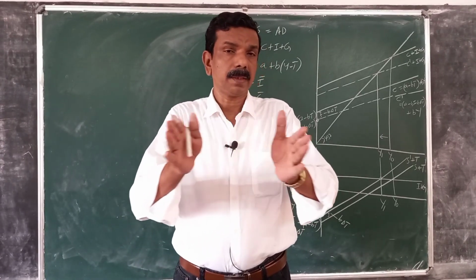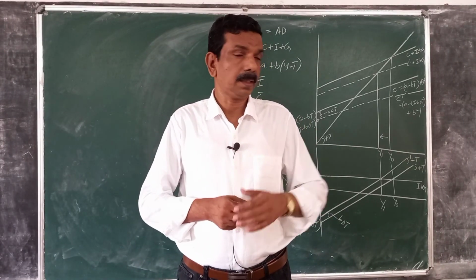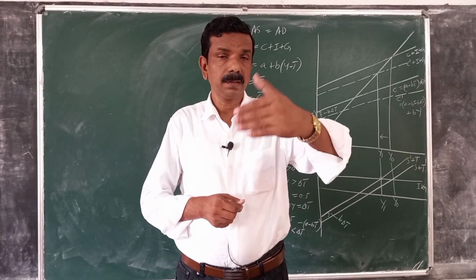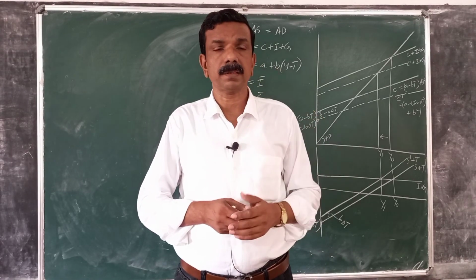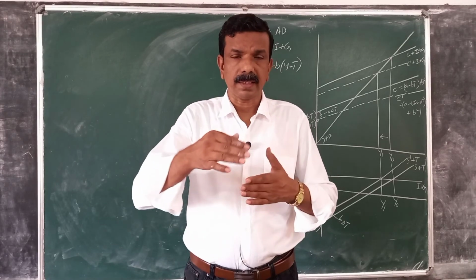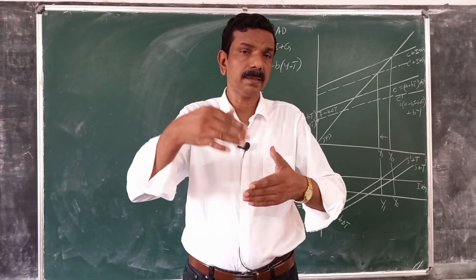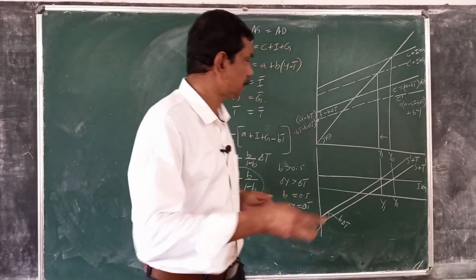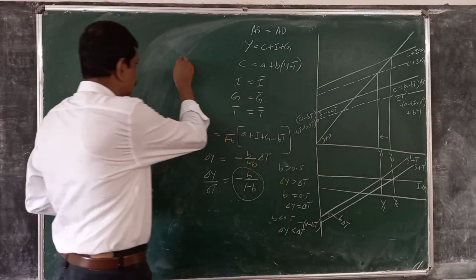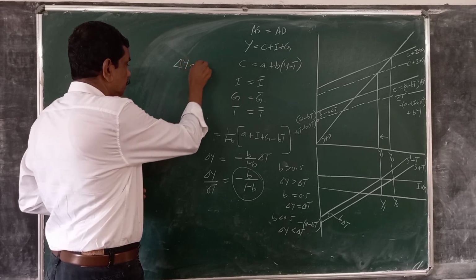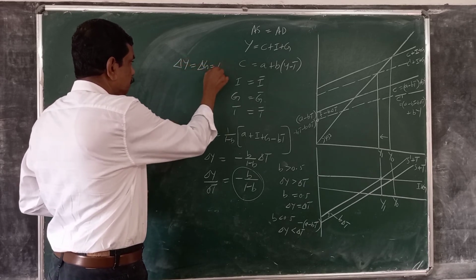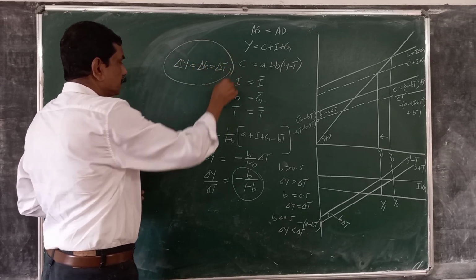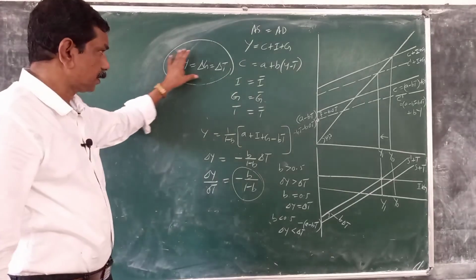But remember this: the balanced budget multiplier is a situation in which initially the budget is balanced such that T and G increase by an equal amount. Then we have the increase in Y equal to the increase in G, equal to the increase in T. Remember these points.